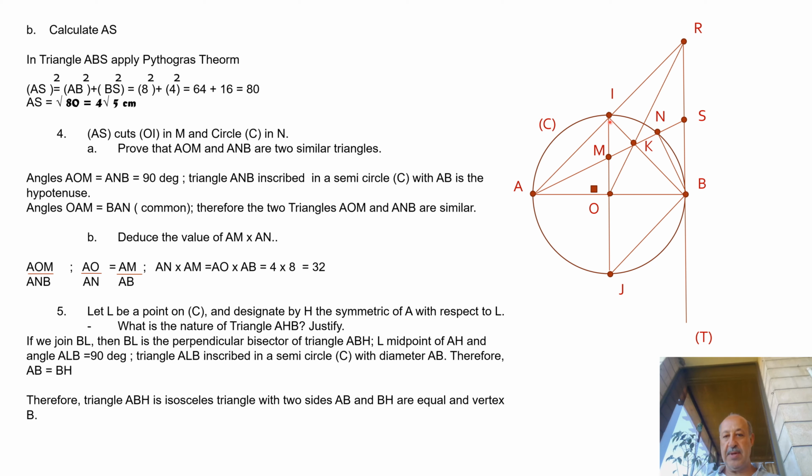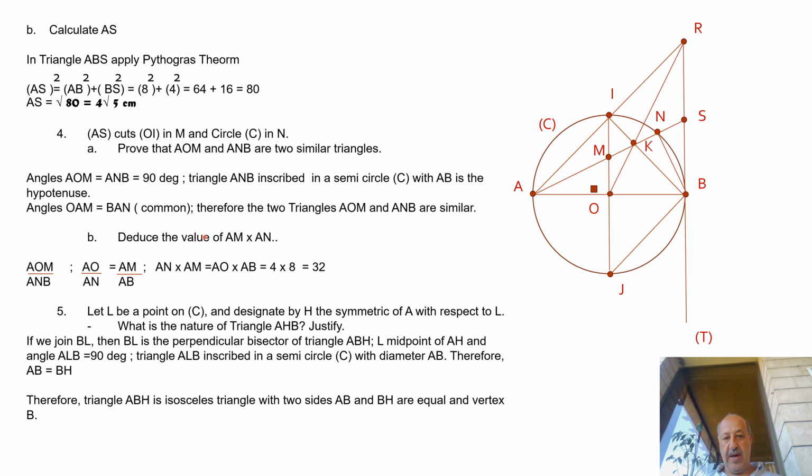Let's find another angle. NAB is equal to MAO. Why? Because these are common angles in the two triangles. So this angle here is common to the two triangles, so they are equal. So therefore the two triangles are similar by two angles equal.